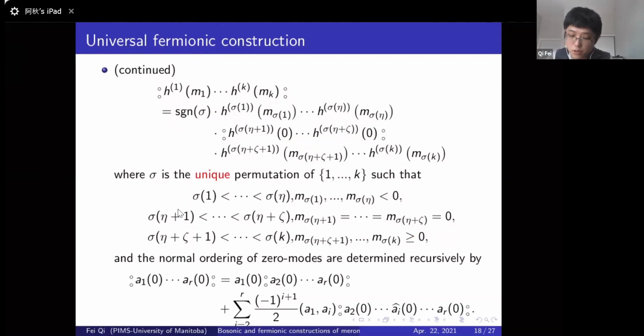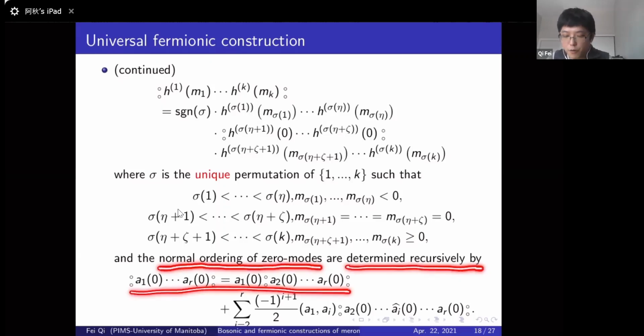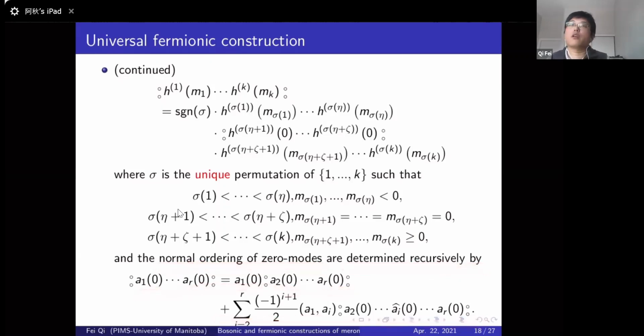So this is just determined. The normal ordering of 0 modes is determined recursively by the following relations. For example, you can check that A1 of 0, A2 of 0, if you take the normal ordering, is going to be A1 0, A2 0, minus 1/2 of the inner product of A1, A2.